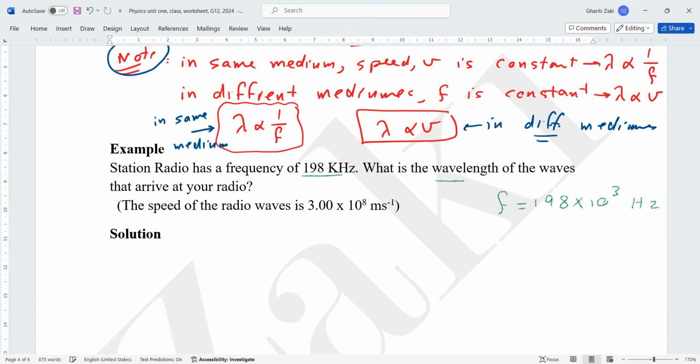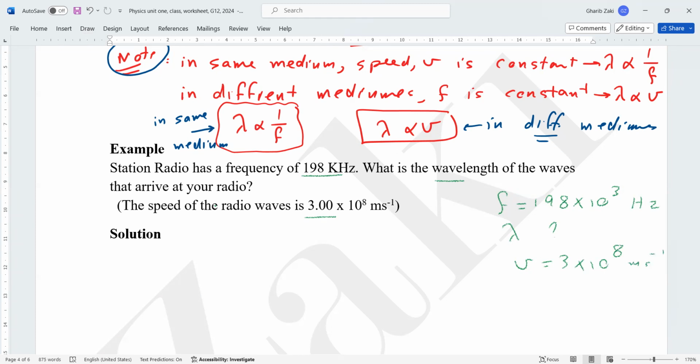What is the wavelength? We need lambda. Here we have the speed. By the way, all electromagnetic waves travel with the speed of light: v equals 3 times 10 to the power 8, the speed of light in vacuum or air.